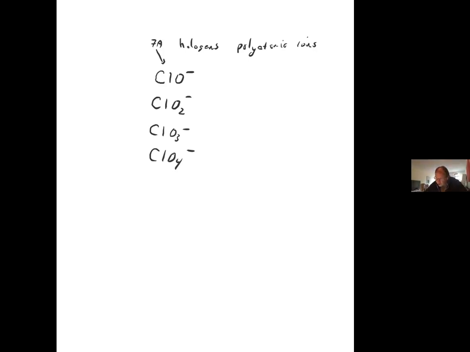Now, notice they're all the same. It's all chlorine with oxygen and -1. There's a pattern to this, right? These are relatively rare, but there's three of them. There's the ones with chlorine, the ones with bromine, and the ones with iodine.